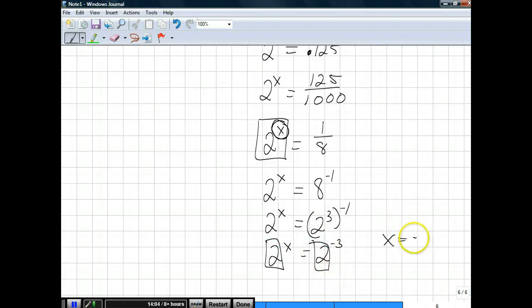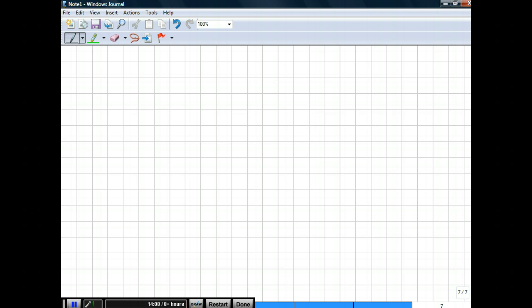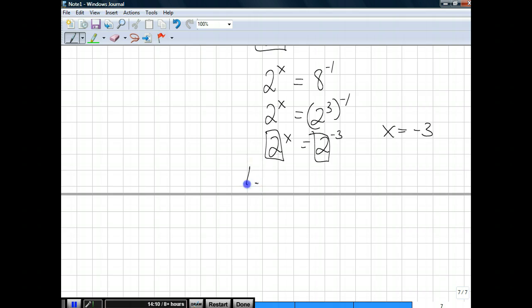So x has to equal negative 3. So the value of log base 2 of 0.125 equals negative 3. Okay, since 2 to the negative 3 equals 0.125.